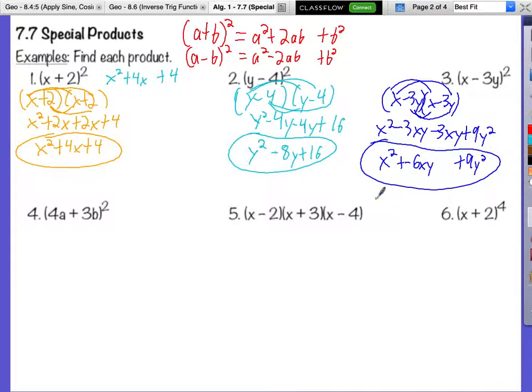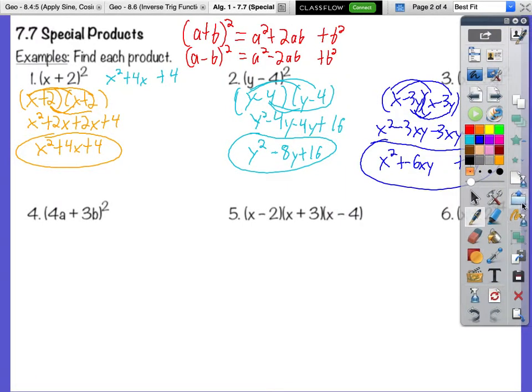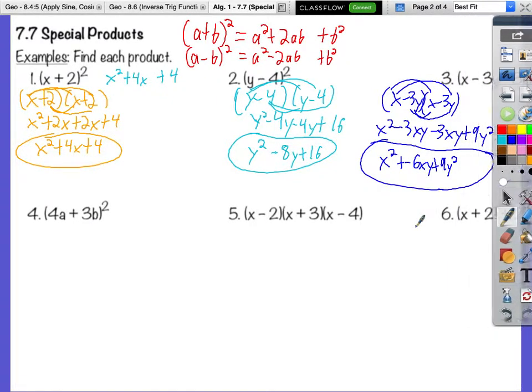Sorry, the way you wrote it, it kind of just looks like x2 plus 6xy. Better? Okay, now you're arguing with the teacher. There's no point. Basically, yes.